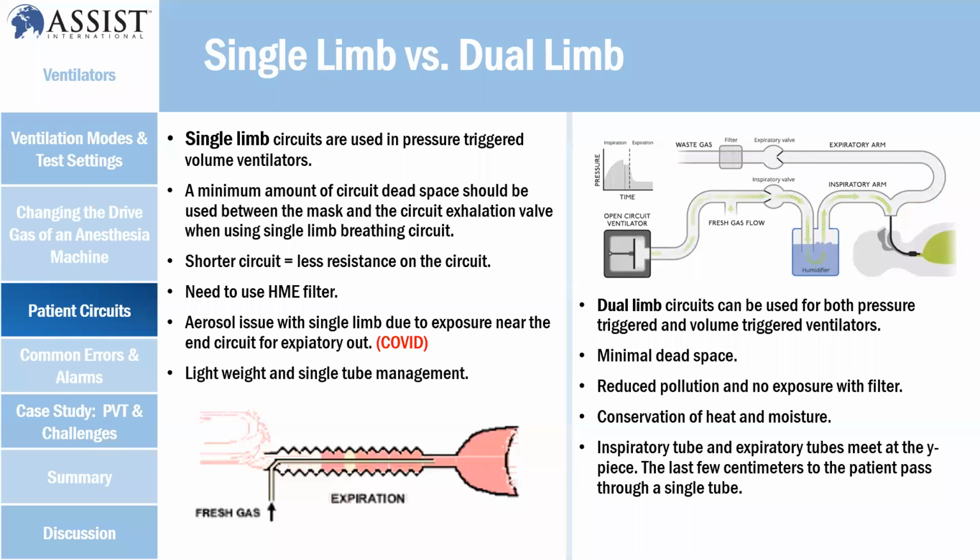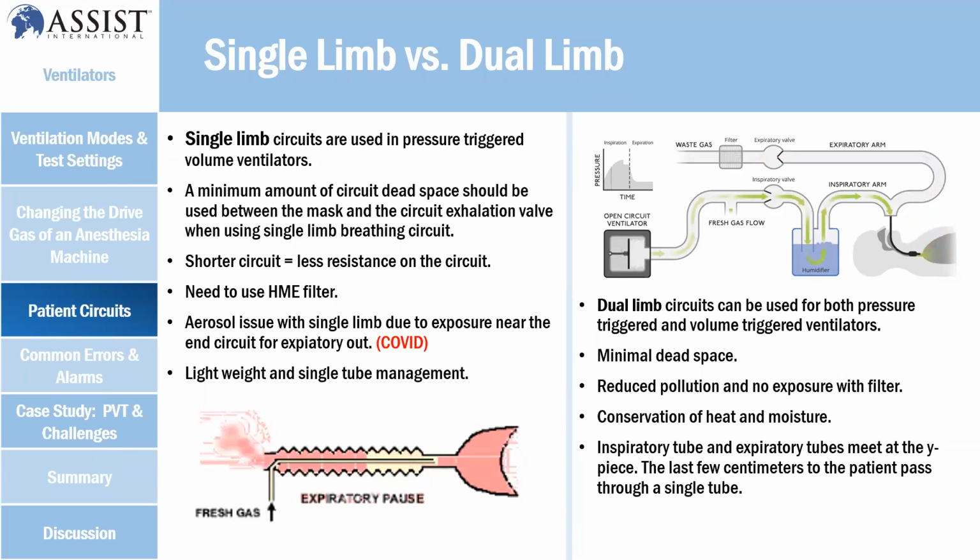Some people ask a question about single limb and dual limb. When you talk about a single limb circuit, it is normally used for pressure-triggered volume ventilators, with a minimum amount of circuit needed between the mask and the acceleration of a valve.